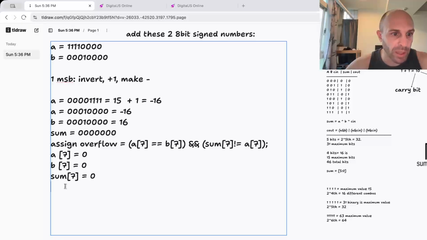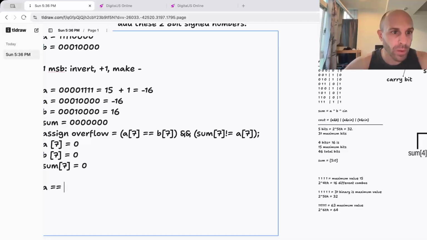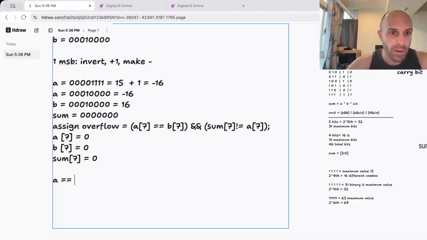Now we use this formula. Is A equal to B? Is the most significant bit of A and B equal? True. 1.